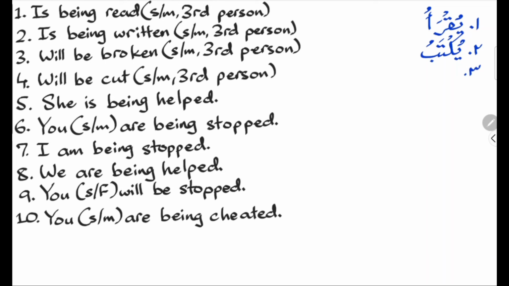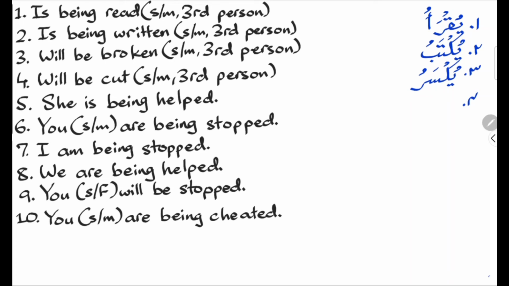Number 3, will be broken. Break in Arabic is kasara. Again, it is from singular male third person. They're basically going easy on you, which is yuf'alu. Again, kasra on the wazn of yuf'alu is yuksaru. Number 4, will be cut. Cut in Arabic is qata'a.